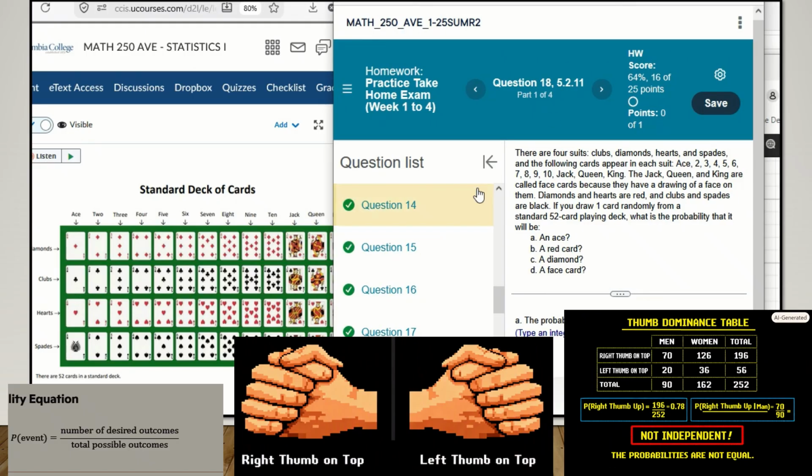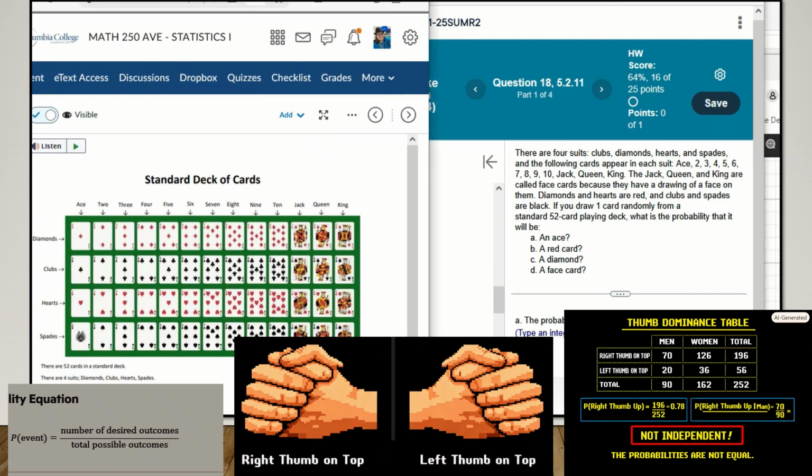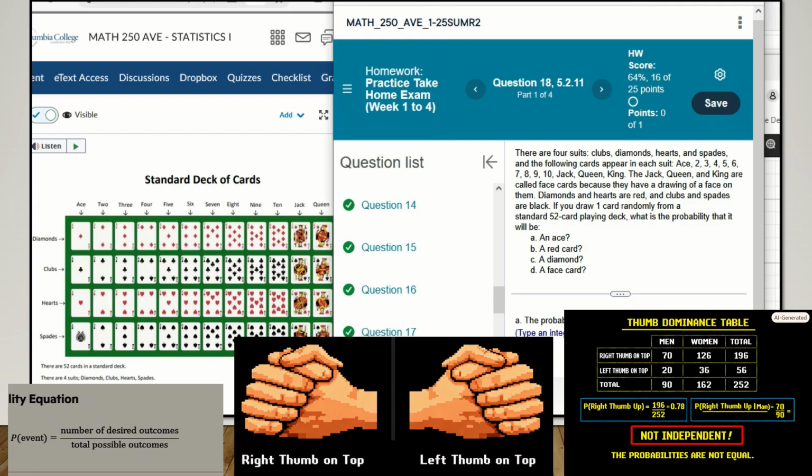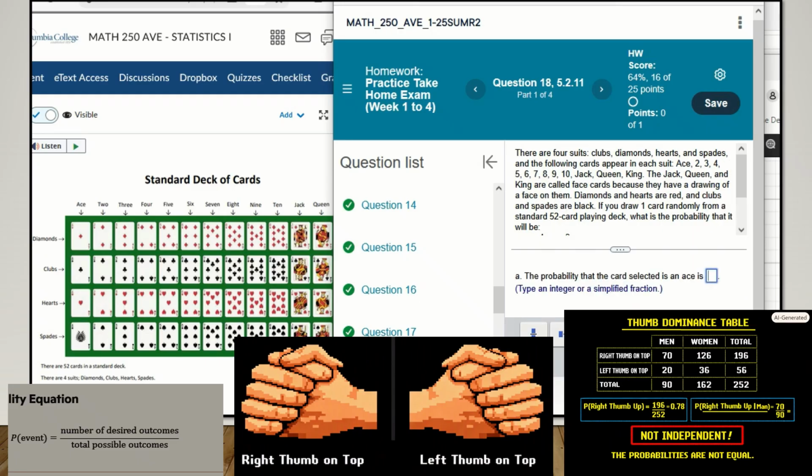So we have this layout, and it describes the layout of a deck of cards. So drawing an ace. Notice that we should have 4 aces here. There's no other aces. So what we're talking about is a 4 over the total number of cards in a deck, which is 52.